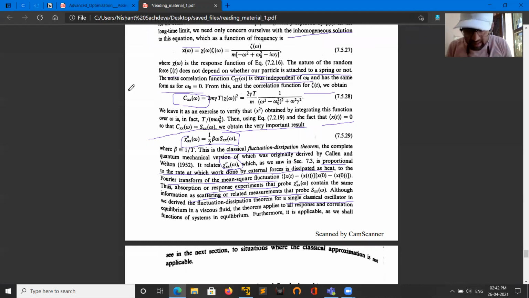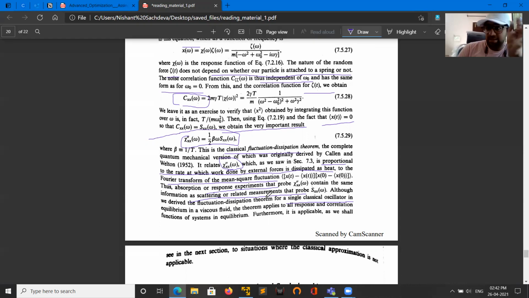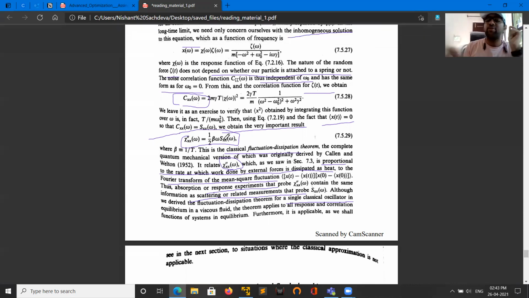Those two seemingly different things contain the same information. Now, although we derived the theorem for a single classical oscillator in equilibrium in a viscous fluid, the theorem applies to all response and correlation functions of systems in equilibrium. What matters is equilibrium, not the other things.